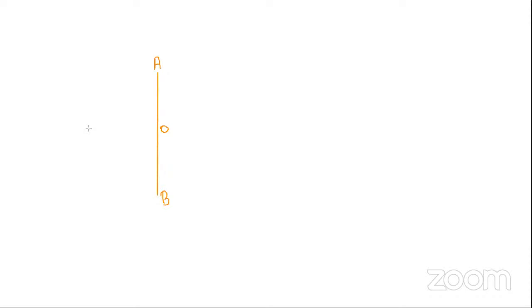Here you have COD, okay? This is C, and this is D. They both carry currents I1 and I2 respectively. So here we have I1 and here we have I2.